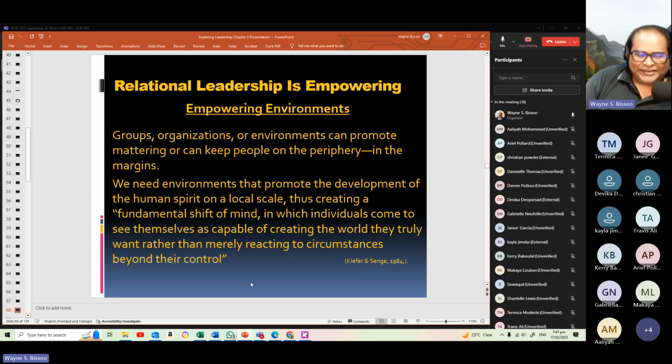All right. So we need to speak about the empowering environments that we have to create, and that is going to be an environment in which everybody feels they matter, even those people on the peripheries or the margins. And we also need to make sure that we are not ridiculing people for making mistakes, or people who have a lack of information. We don't put people down.